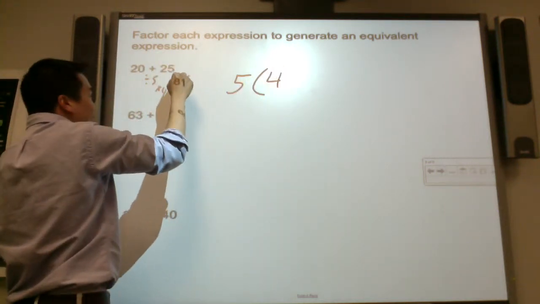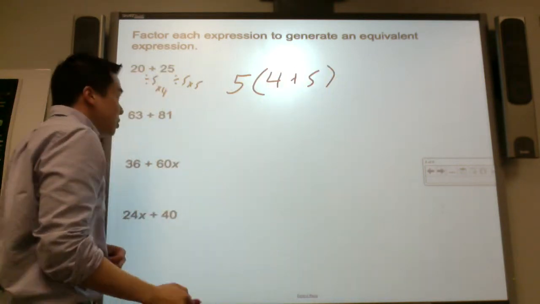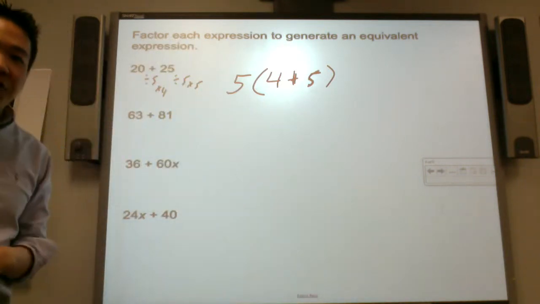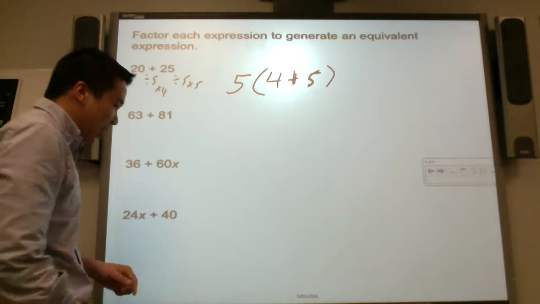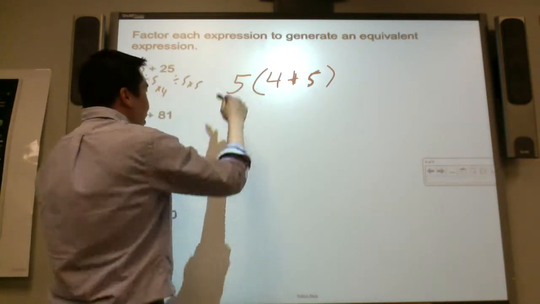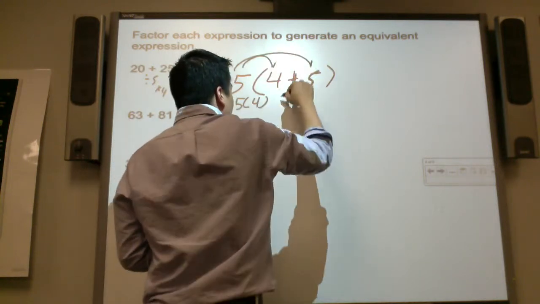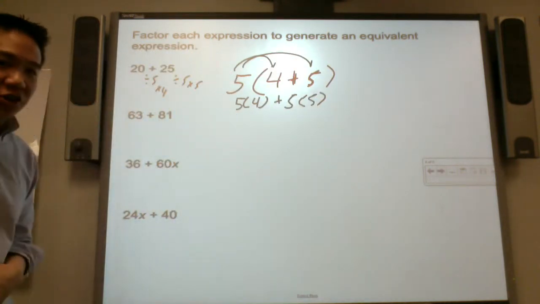What makes 25? 5 times 5. So, is 5 groups of 4 plus 5 the same as saying 20 plus 25? Let's see. 5 groups of 4 plus 5 groups of 5. It is. So what we did is factor out.